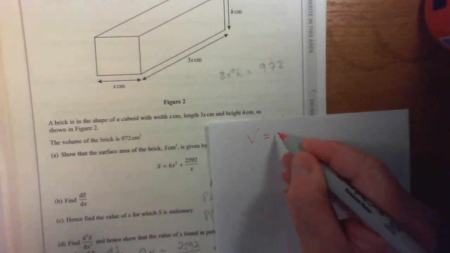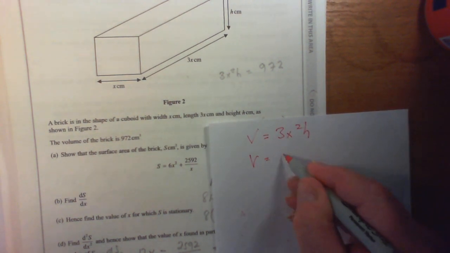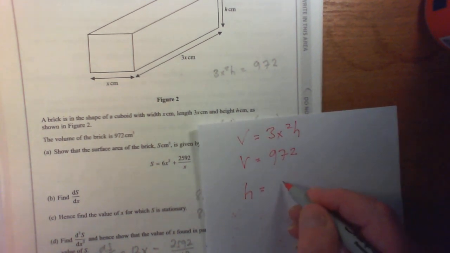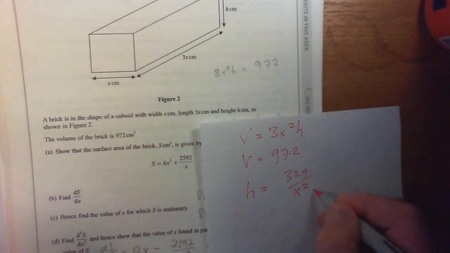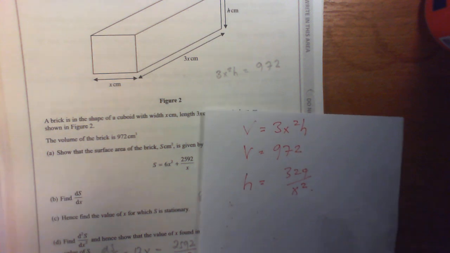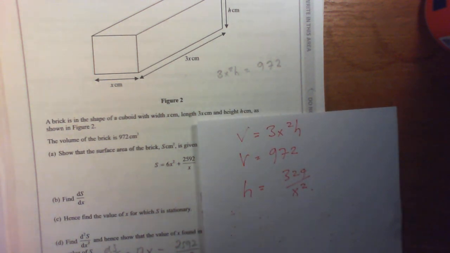So the volume is just 3x squared h, and you're given the volume equals 972. So you can combine those together, and you've got h equals 324 over x squared. So it's fairly straightforward to get a formula for surface area, which you can then insert this formula into to get rid of the h, and there you are.